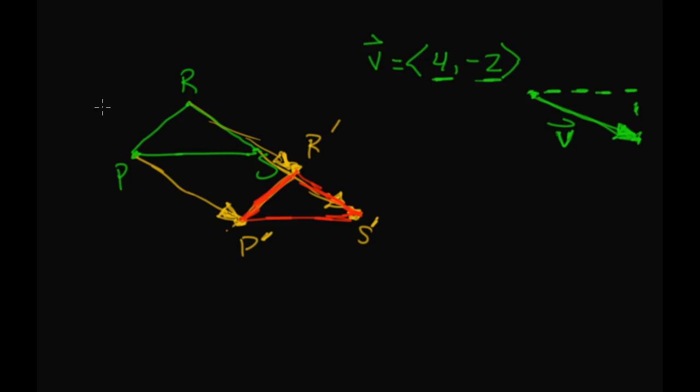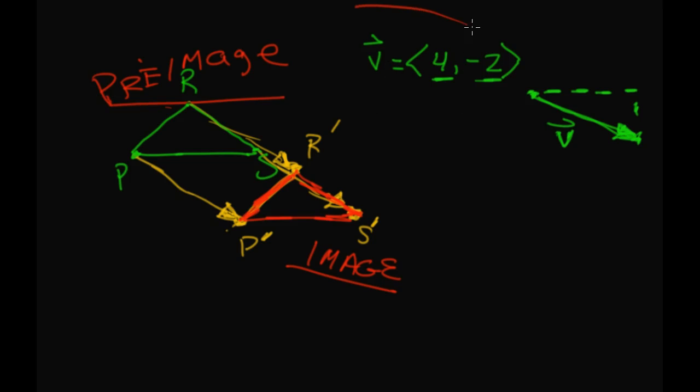So this over here is the pre-image. Down here is the image, and this is the vector that we have translated over.